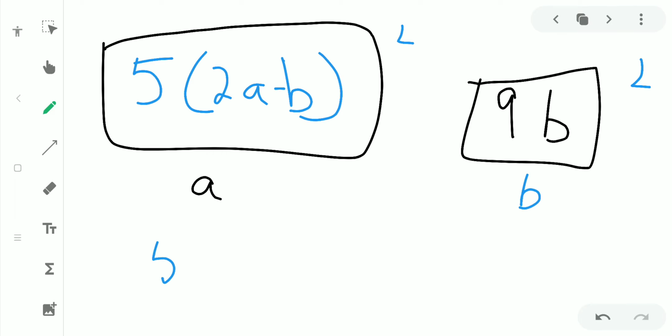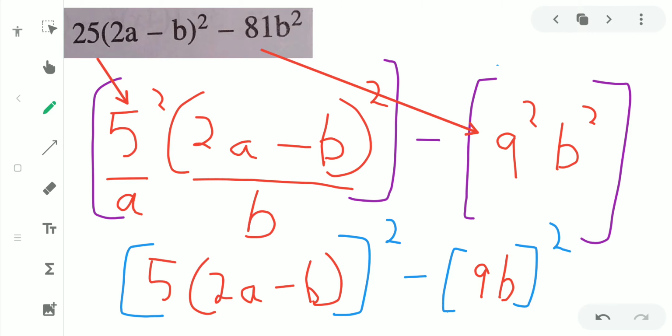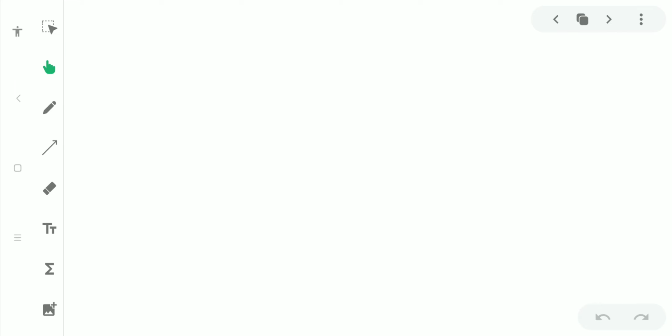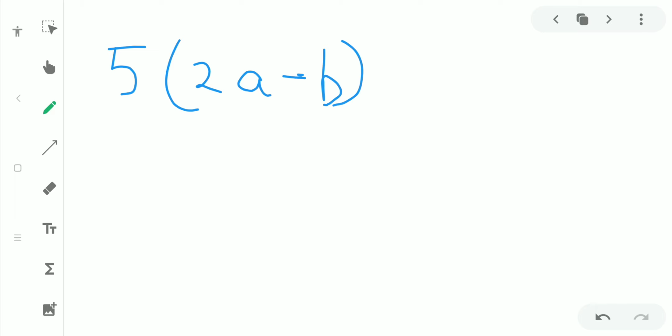So our formula is a plus b times a minus b. So let us carefully solve it. A is nothing but 5 times 2a minus b. So we have 5 times 2a minus b, and we have plus b, so plus 9b.